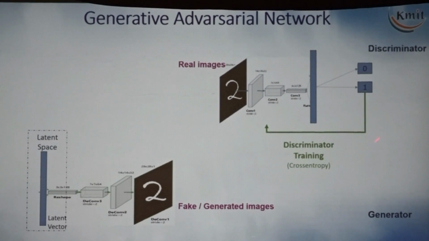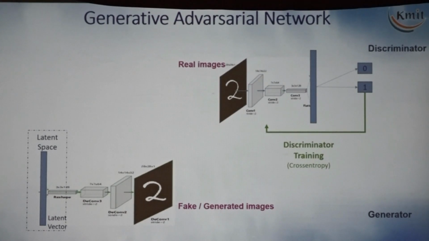Now I want to train this model, the discriminator training, by simply using cross entropy. Generally, it is binary cross entropy. Why? Because there are only two classes, real or fake.